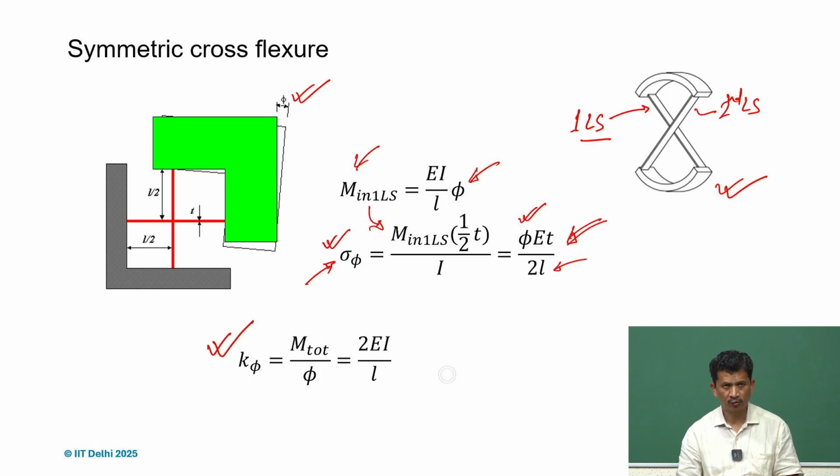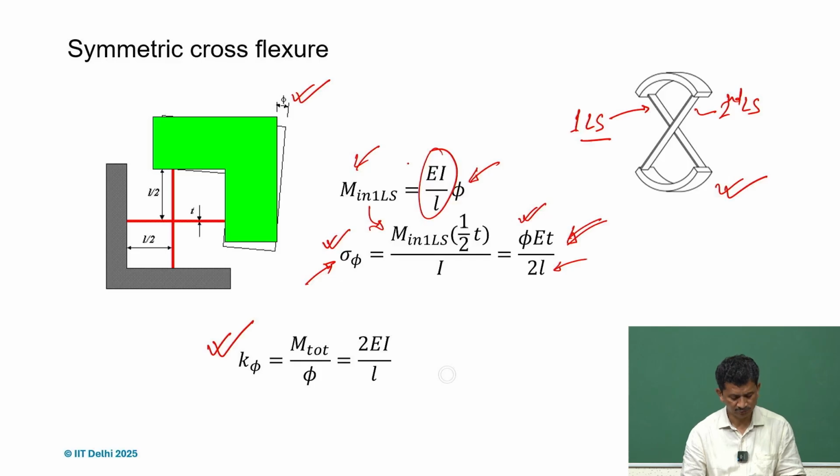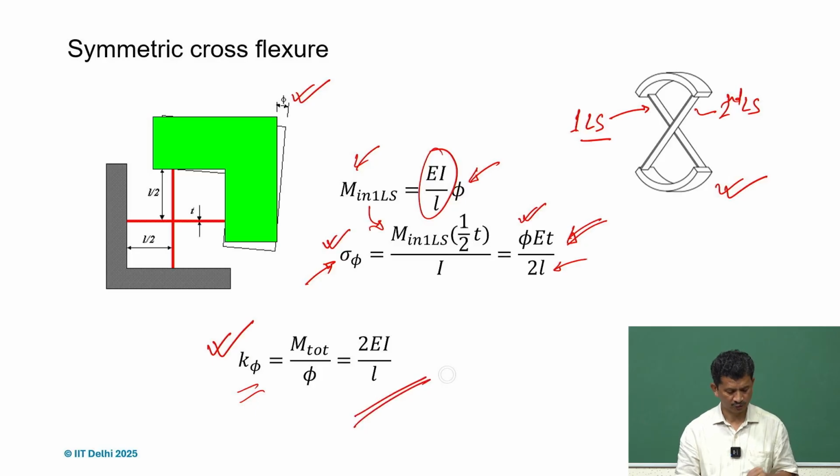So it will be M total divided by phi, and since it's in parallel, with two acting and both sharing the load, for one it is EI by L, but the total stiffness will be 2 times EI by L. So this is the rotational stiffness of the hinge.